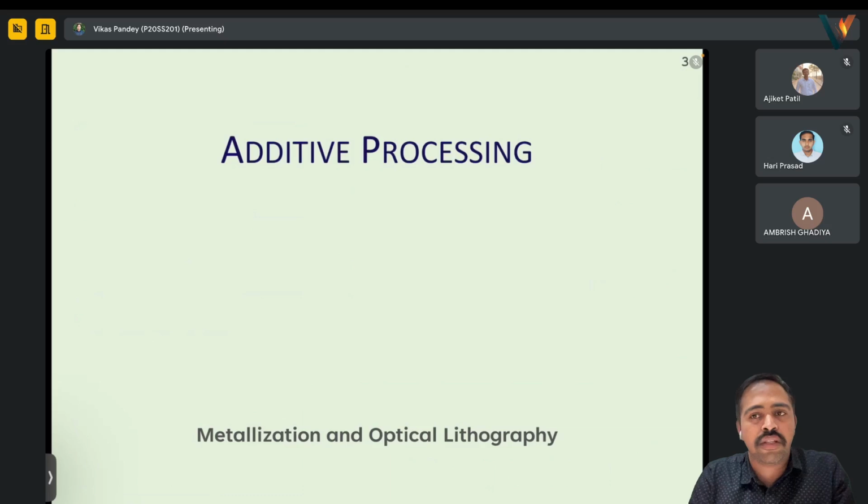That is correct. And one more thing is that in fact we are increasing the mean free path for one single reason, that is directionality. If an atom is directed in one direction, it will continue in that direction without collision. So the first option you said is also correct.